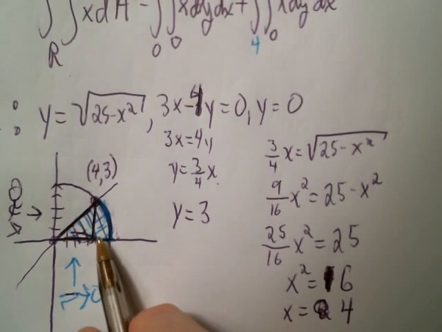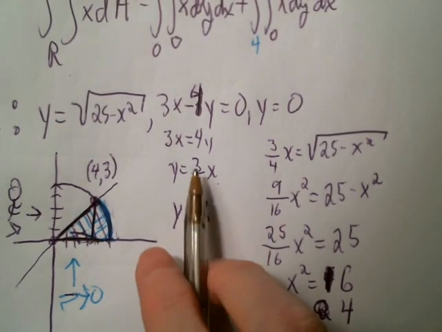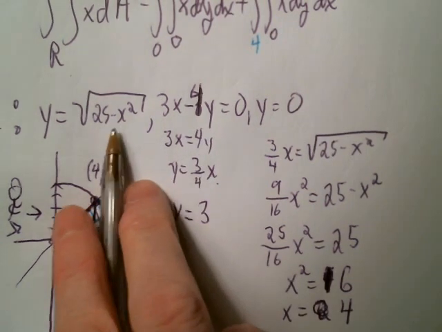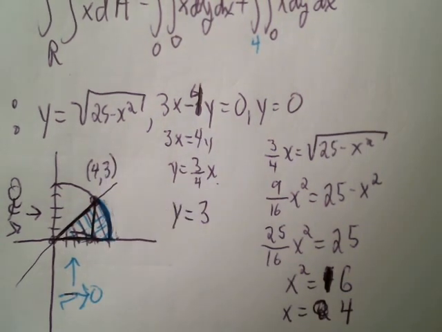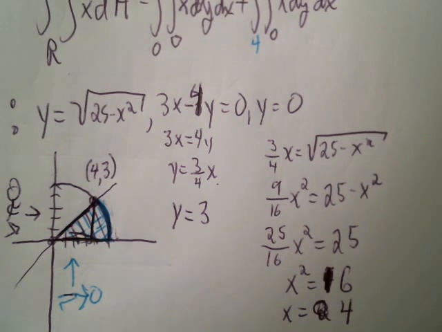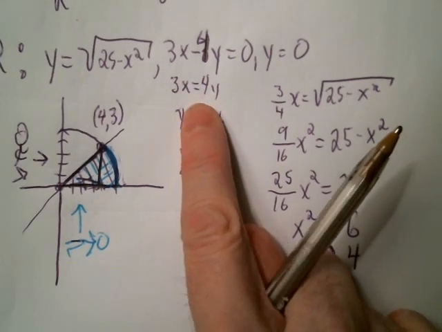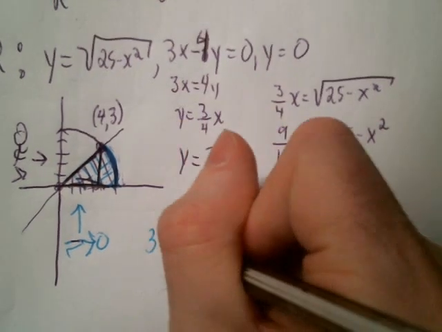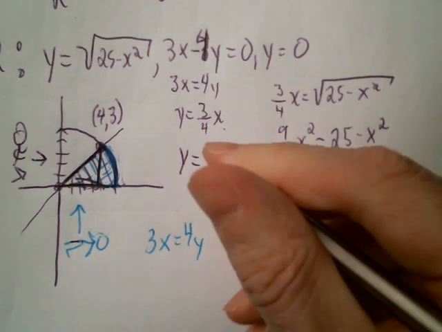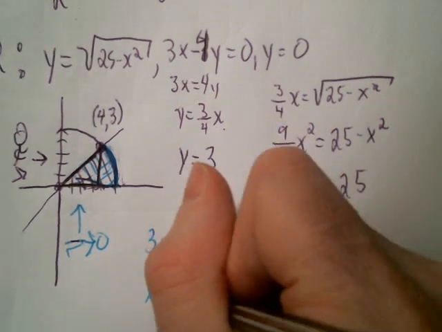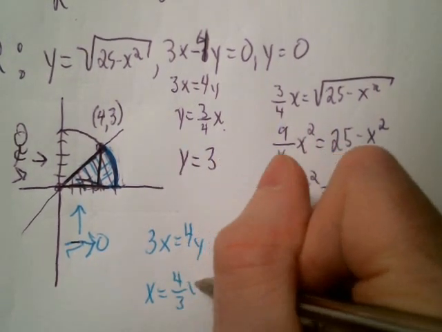We need to put everything in terms of y, right? So I need to solve this for x and solve this for x to get my curve formulas. So solving, firstly, this guy for x, that will give me, well, 3x equals 4y. Divide both sides by 3. x is equal to 4/3 y. Okay.